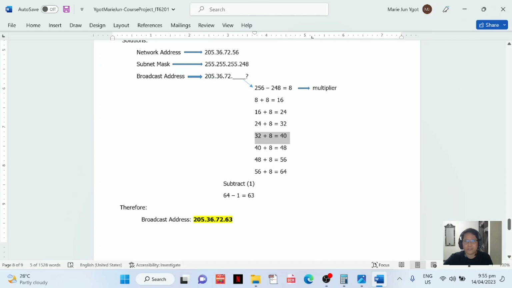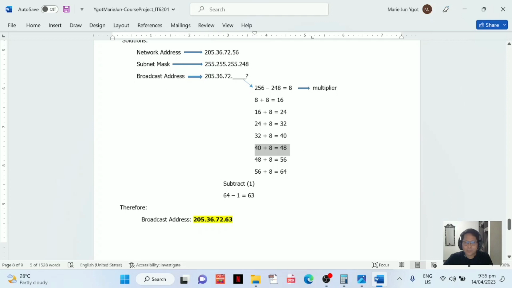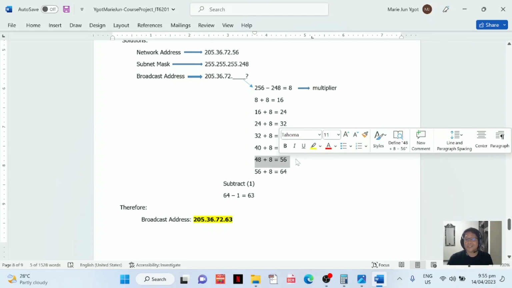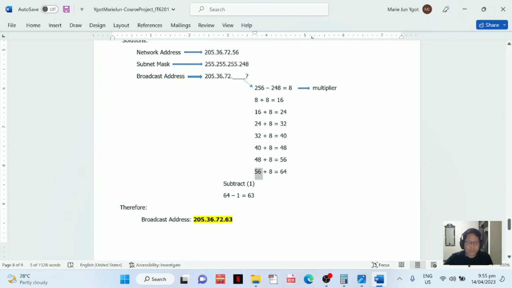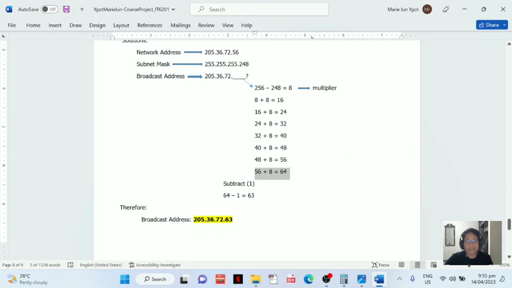Still not greater than 56. 32 plus 8 is 40. Still not greater than 56. 40 plus 8 is 48. Still not greater. 48 plus 8 is 56. 56 is still not greater than 56, it's equal to 56. So let's add 8 again. 56 plus 8 is 64. Now 64 is greater than 56, and 64 is the nearest to 56 based on our multiplier 8.